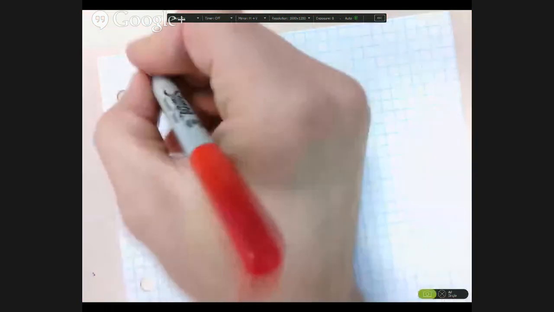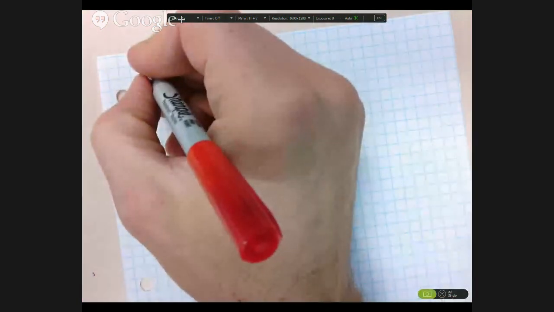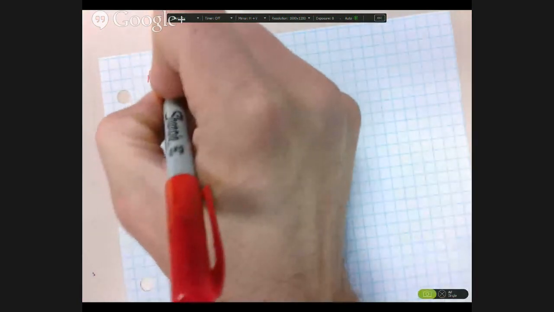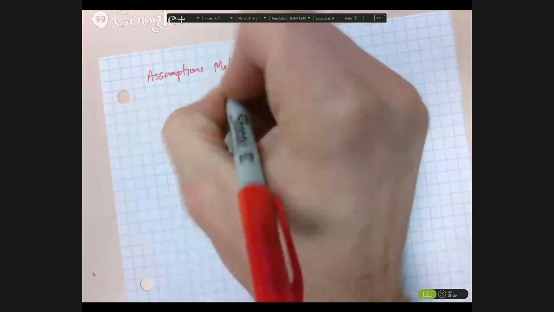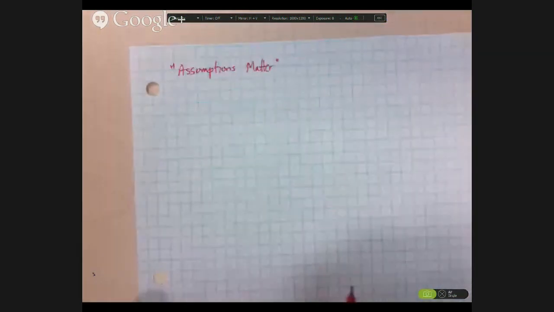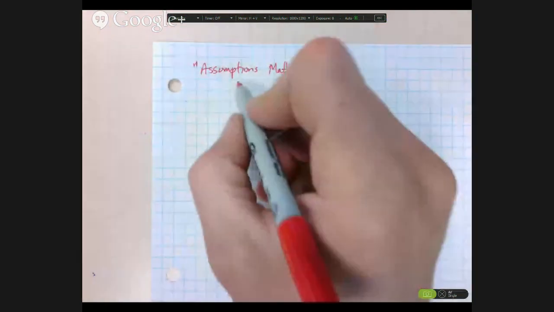One more to show you, just about some of those funny properties. This is example 4 out of your book, or example 3. It's called Assumptions Matter.